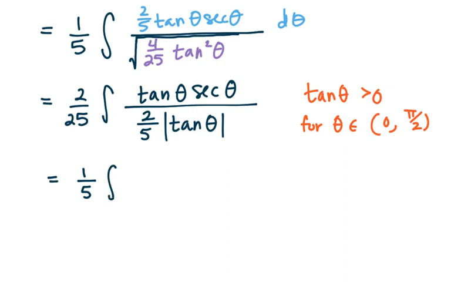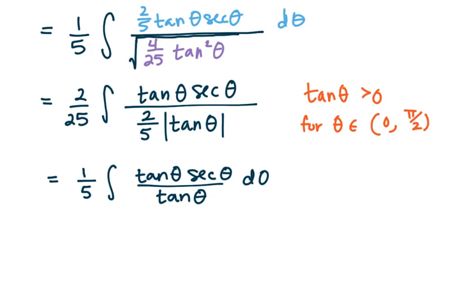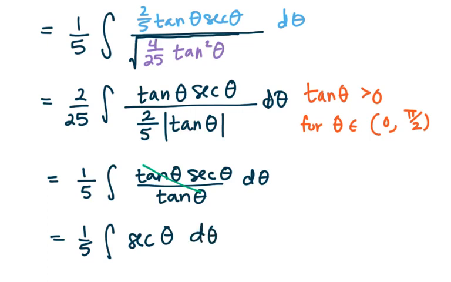So I've got 1/5 the integral of tangent theta secant theta over tangent theta. And of course we have our d theta at the end. I left that off on the step above. The tangent thetas cancel. I have 1/5 the integral of secant theta d theta.